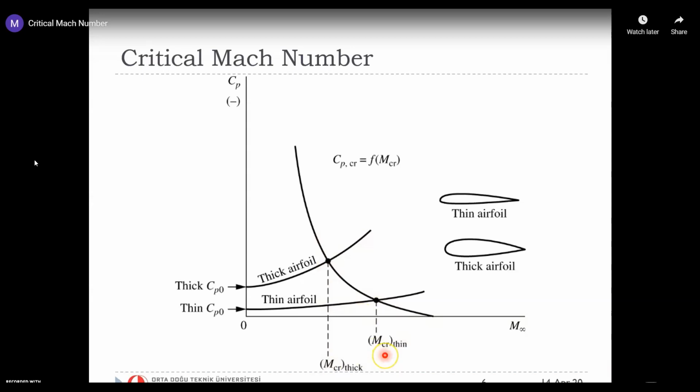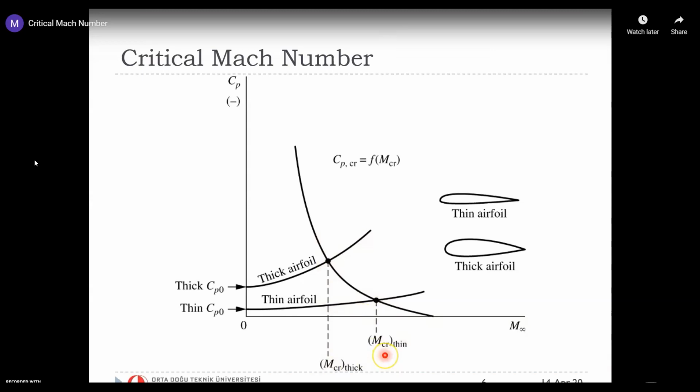Hocam, it would behave like a thick airfoil. Mm-hmm. The M critical will decrease, I guess. So you're right. M critical will decrease. Why does it decrease? That's why I'm asking.